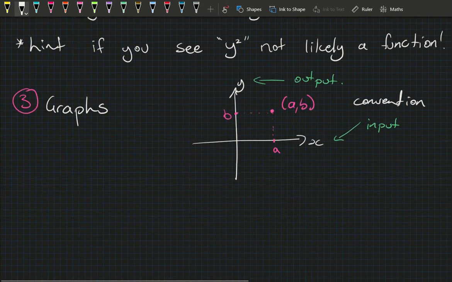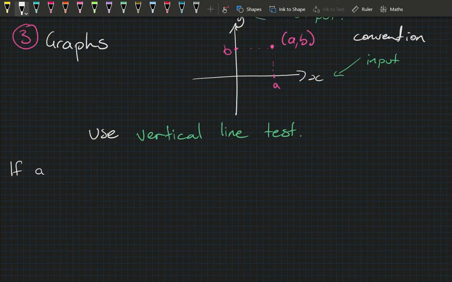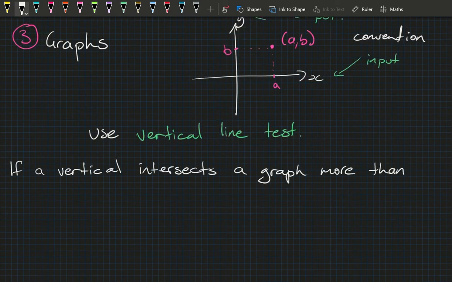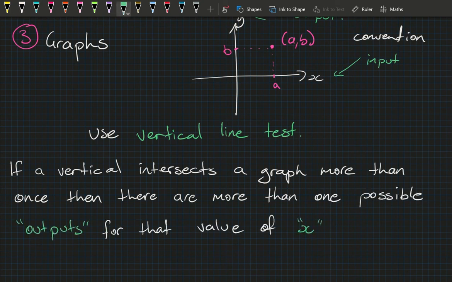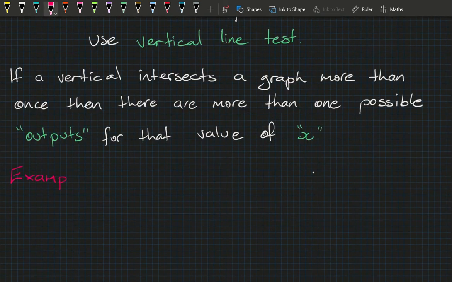For these graphs, you should use the vertical line test, because if a vertical line intersects a graph more than once, then there is more than one possible output for that value of x.